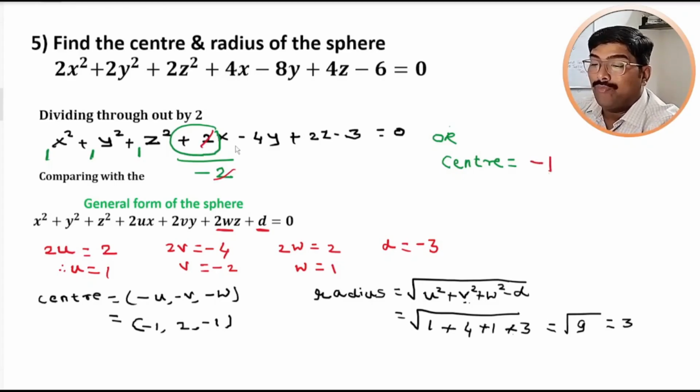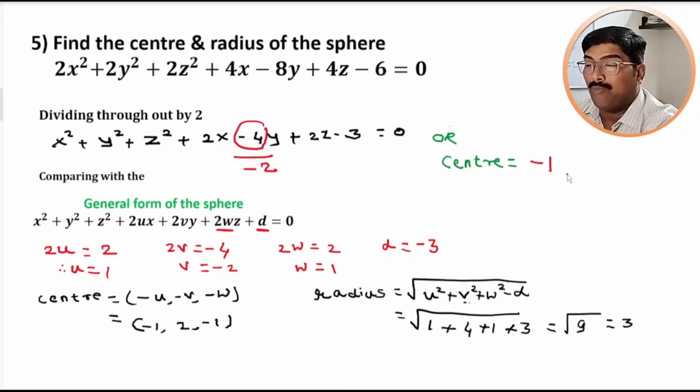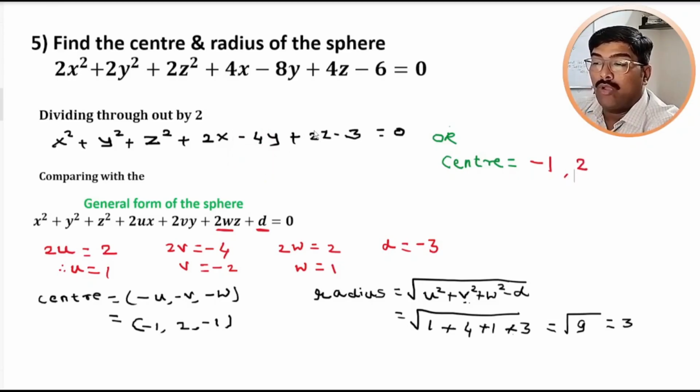And now the coefficient of y is minus 4. You have to divide it by minus 2. So minus 4 divided by minus 2 is equal to plus 2. And the coefficient of z is plus 2, divide it by minus 2, the 2s get cancelled, you will get minus 1.